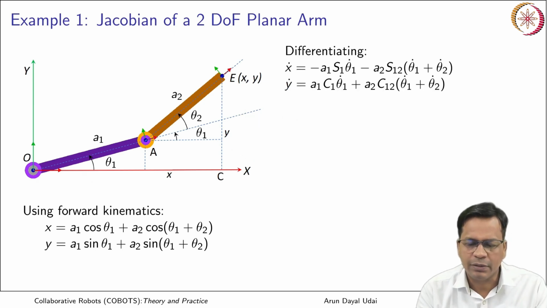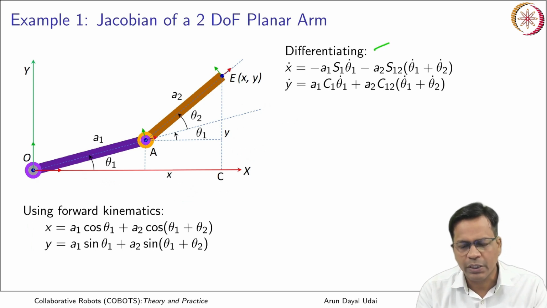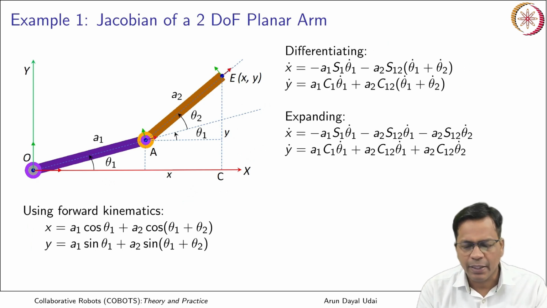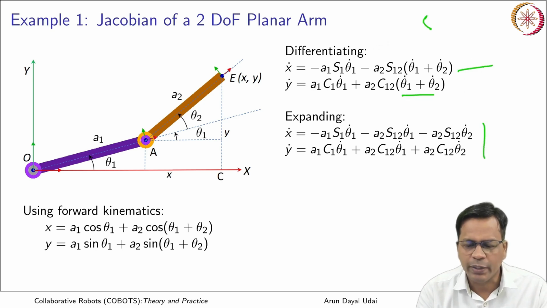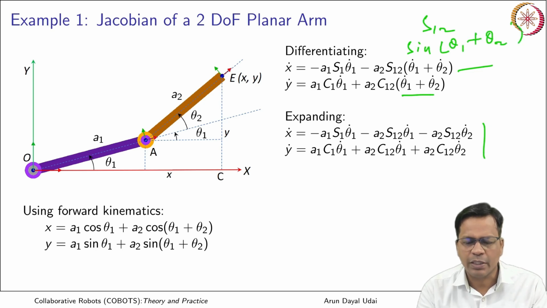If I take the differential of this, taking the derivative on both sides, and expand it, I get this. Here S12 means sine of theta 1 plus theta 2, similarly for C12, and S1 means sine of theta 1.